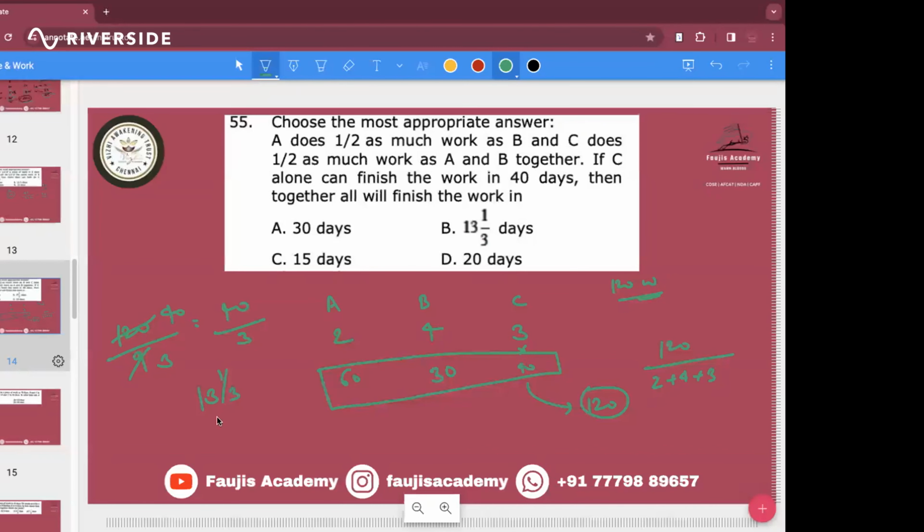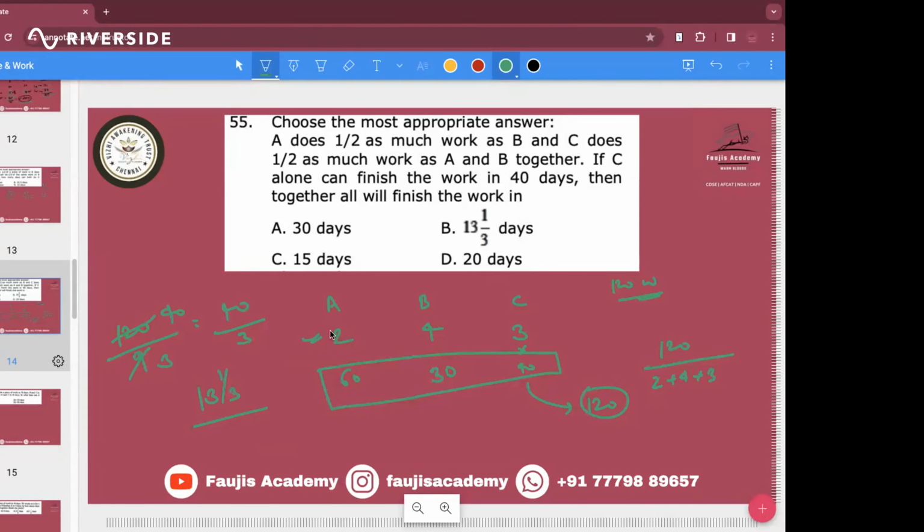Anybody who did not understand this question, please ask your doubt and post this. So far, so good, guys. Look, we have not done anything. We have just jotted down the conditions that they have mentioned. A does half as much as what B does, so we made it 2 and 4. Assumption. And C does half as much as A and B together.